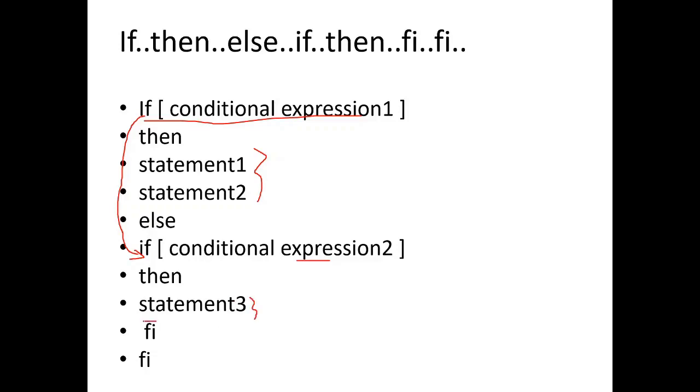And see, we have taken here two end of if statements. So this is the difference between the previous elif condition and this if then else condition. The only difference we find here is, if we use elif, only one end of if statement is enough. If we use two separate if conditions, then two end of if statements you need to show.